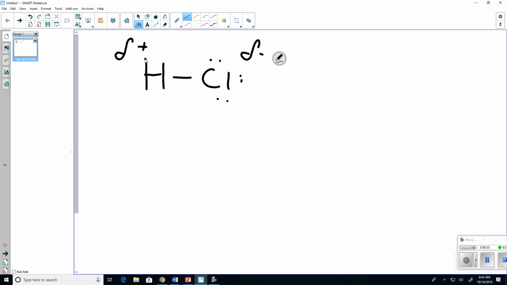It can stick to another one that has those types of charges. So if we compare 2 HCl's, there would be this attraction between the positive pole of one and the negative pole of another.